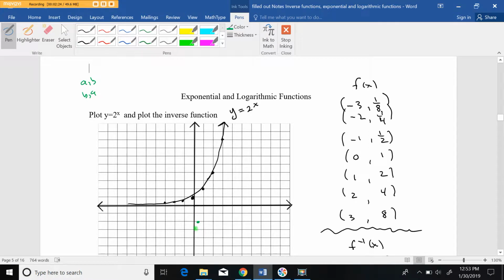Negative 1, 1/2 is on this graph, so the point 1/2, negative 1 is on the inverse. 0, 1 is on f, so 1, 0 is on the inverse. 1, 2 is on f, so 2, 1 is on the inverse. 2, 4 is on f, so 4, 2 is on the inverse. That's probably enough. I'm just going to sketch this in now.